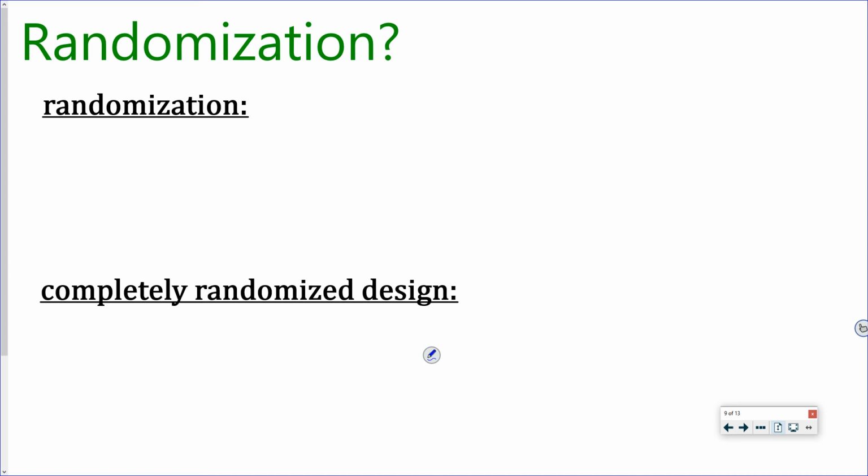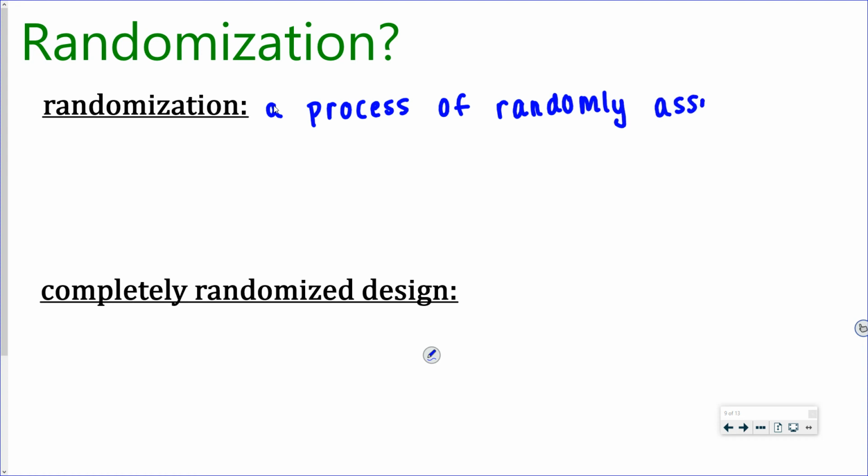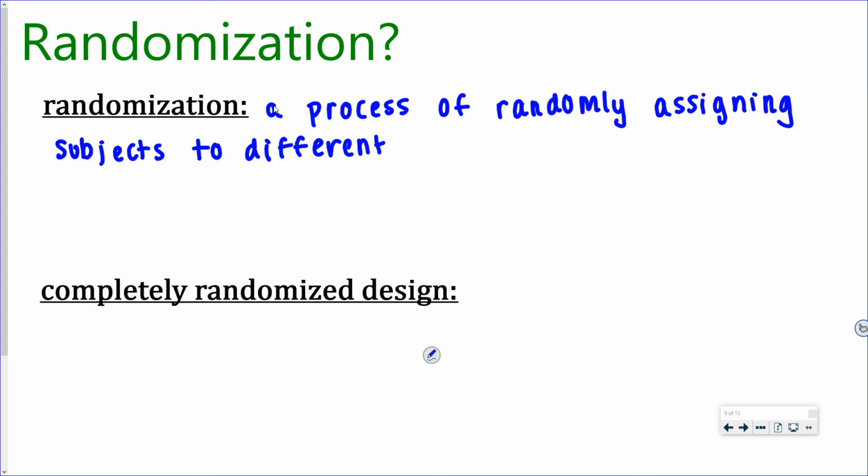So randomization is just a process of randomly assigning our subjects or our people to different treatment groups. And we can do this with a random number generator or other options, I guess.